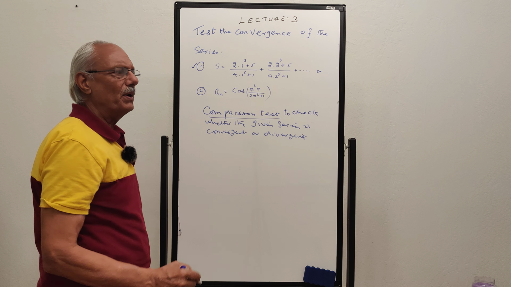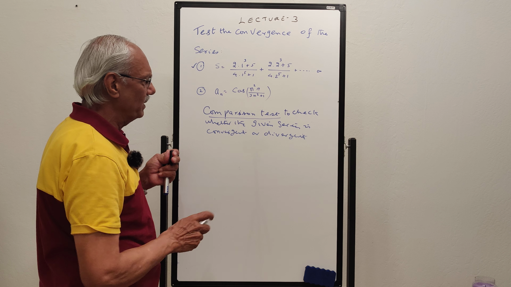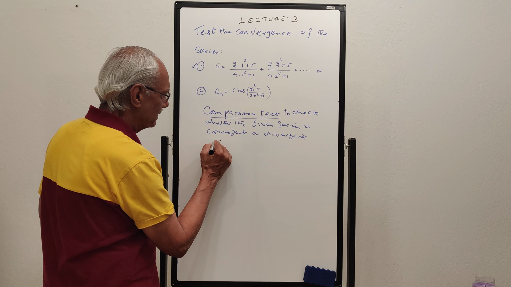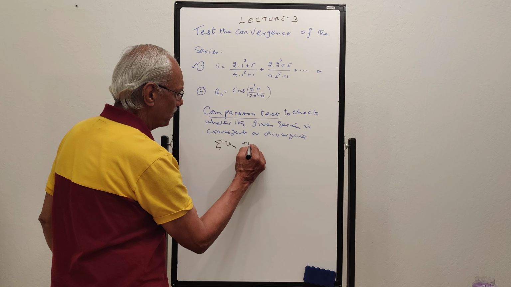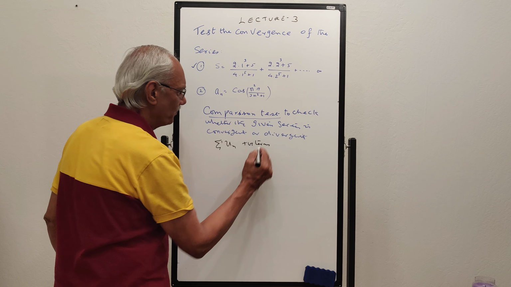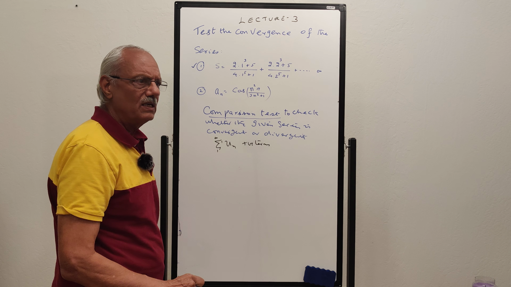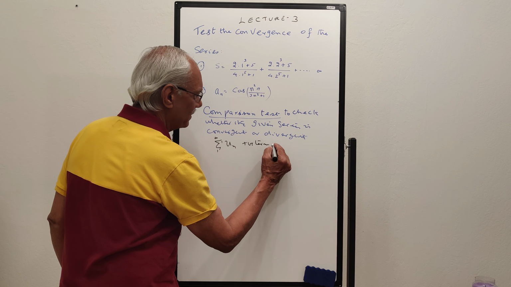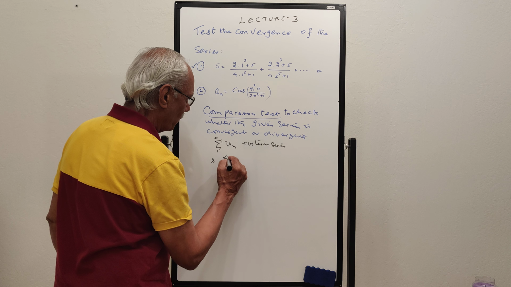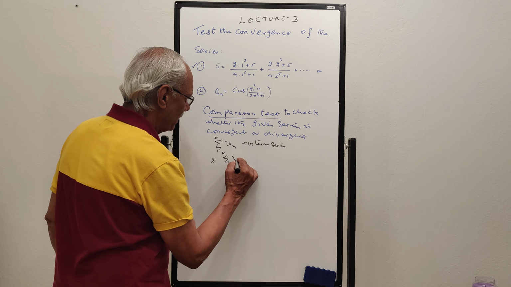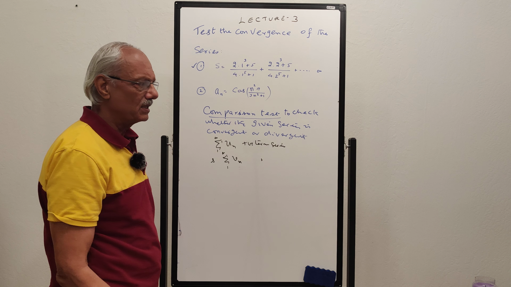Now what is this comparison test? Let me consider two series. Sigma un, from 1 to infinity, is a positive term series, and sigma Vn is also a positive term series.